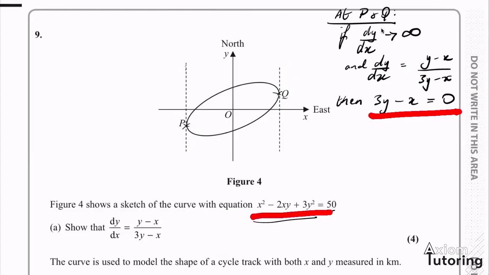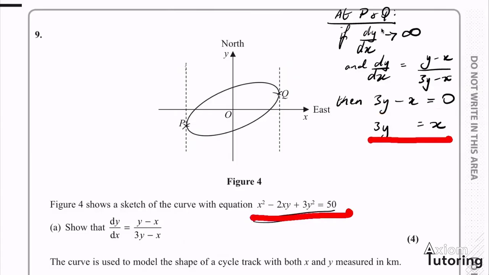And of course, we have the original equation, the curve. So what we can do is substitute in 3y minus x equals 0, or we can write it as 3y equals x. We can substitute this into our curve equation. So I'll write it all here on the left.